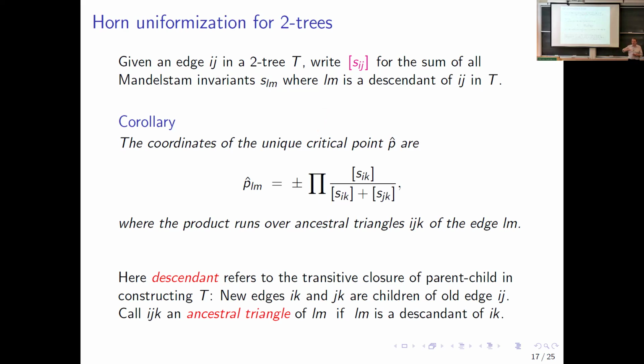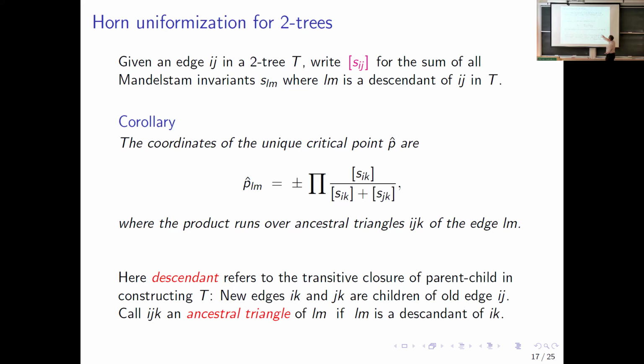So let's remember how these two trees were built. Every edge spawns two new edges. So edges have descendants: there are children, grandchildren and so on. So I'm summing over all descendants, and that's the bracket notation.